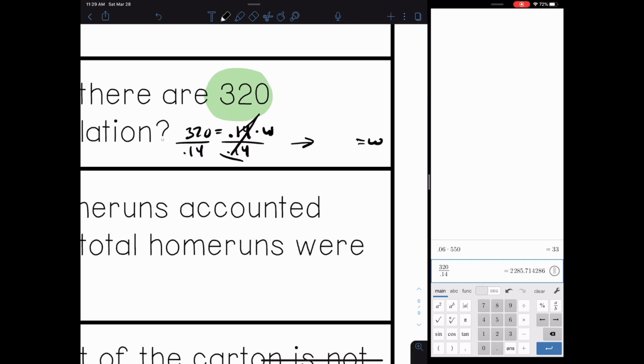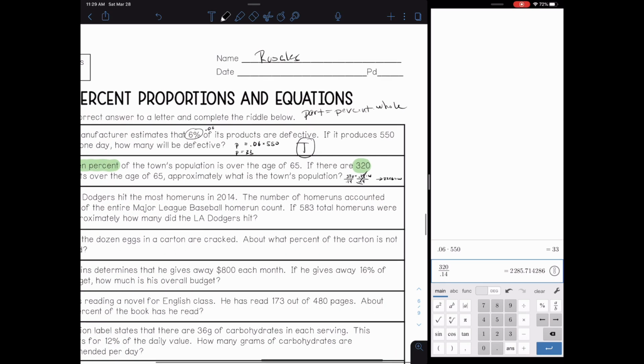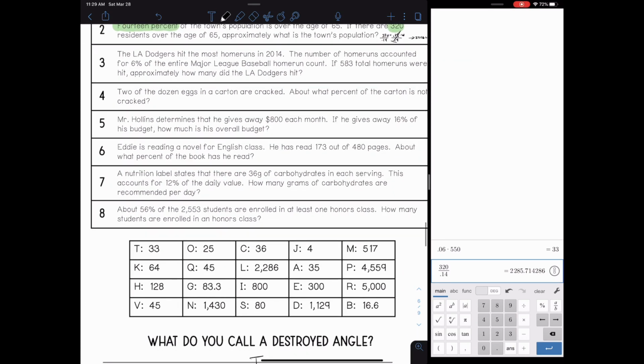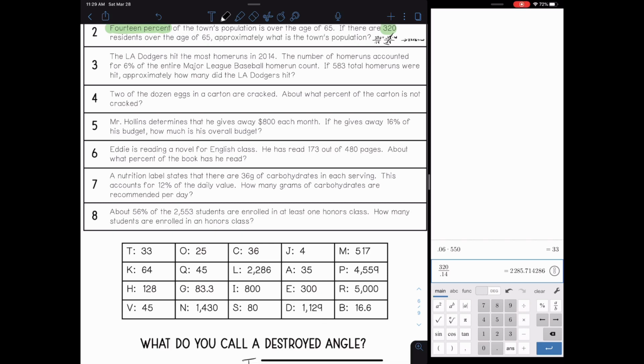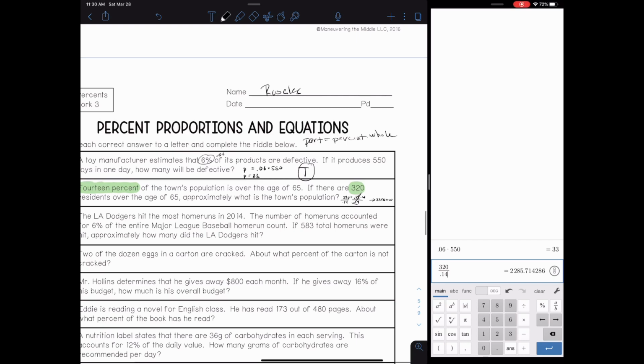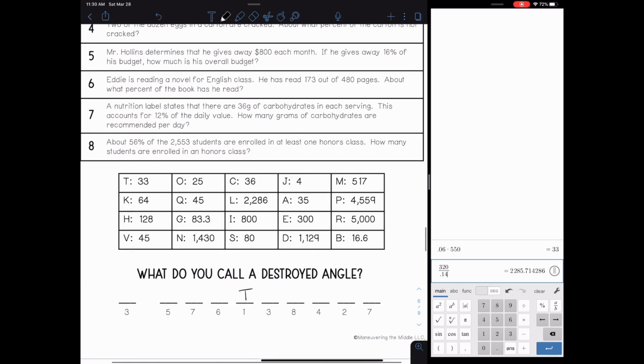We get approximately 2,286 residents. Let's see what letter that is. It's going to be L. So wherever I see the number 2, I'm going to put the letter L. Any 2s? Right there.